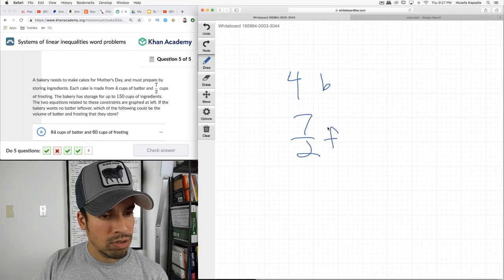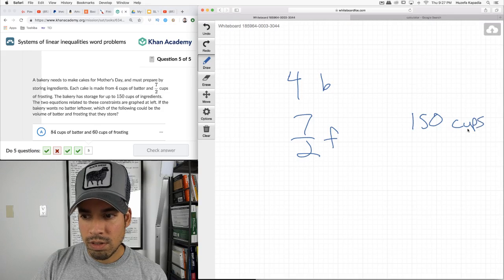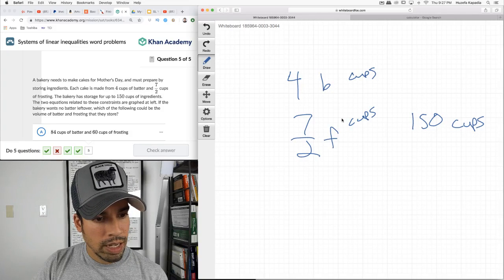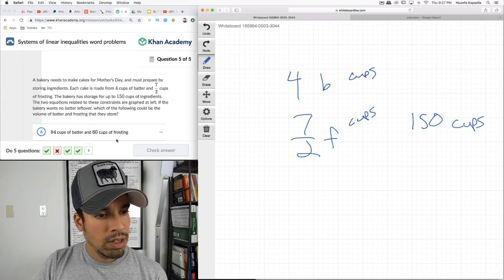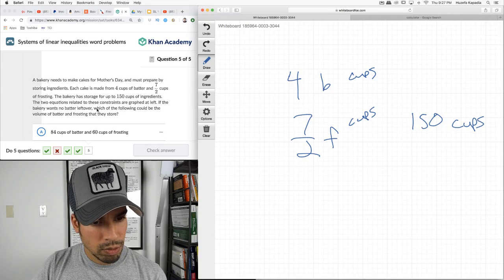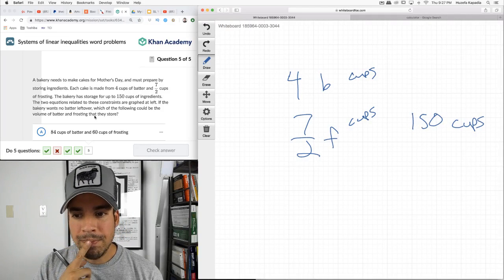The bakery has storage for up to 150 cups. The two equations related to these constraints are graphed at left. If the bakery wants no batter left over, which of the following could be the volume of batter and frosting that they store? All right.